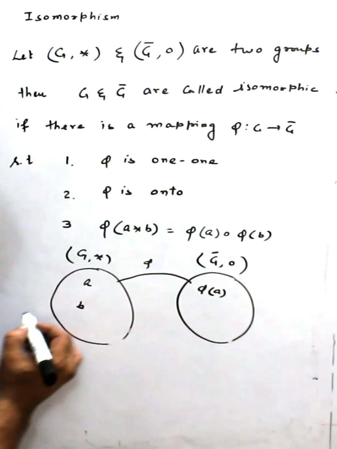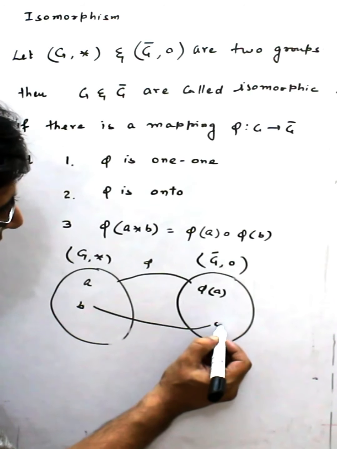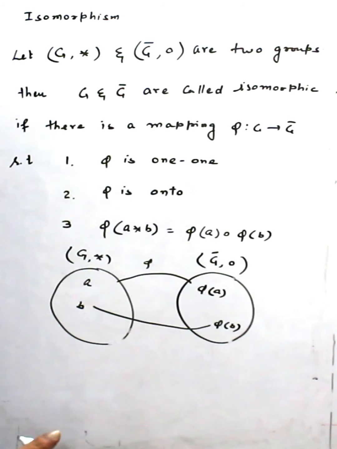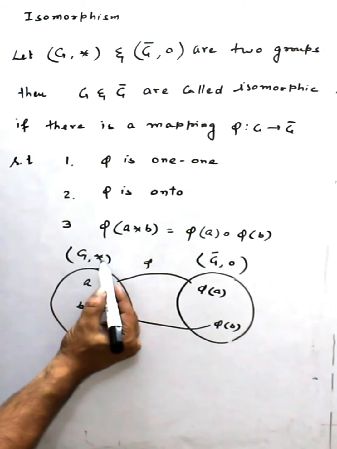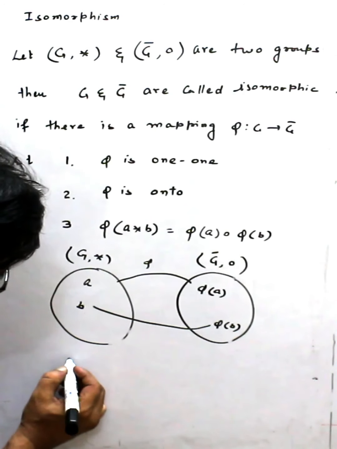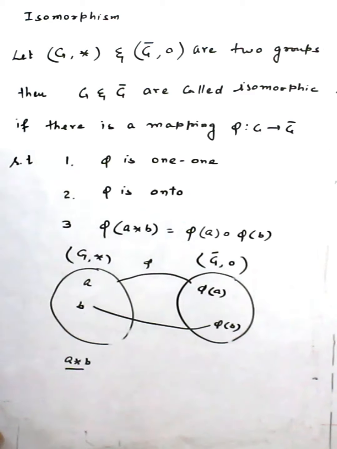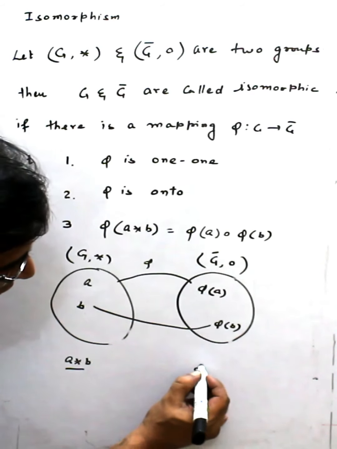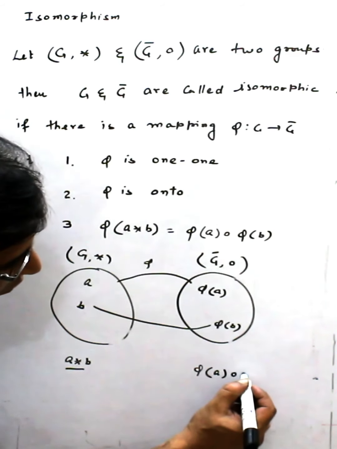Similarly, if B belongs to G, then phi B is there. Because the operation star is defined in G, we operate A B like this, and these two elements are in G bar. So phi A operated with O.